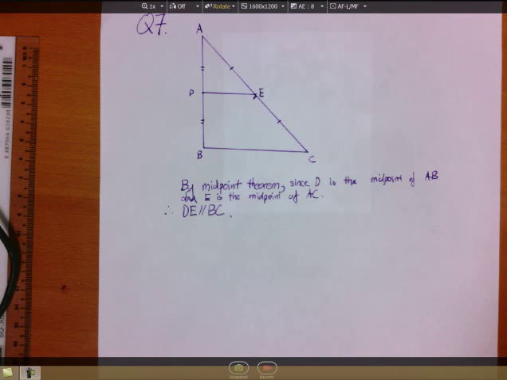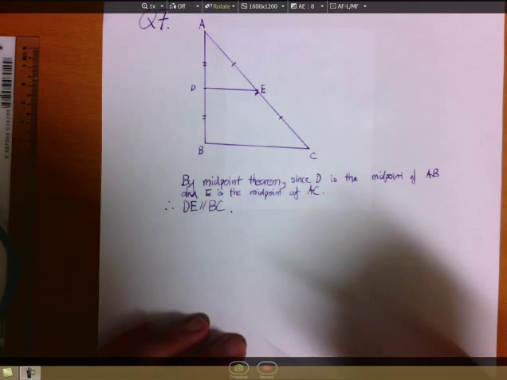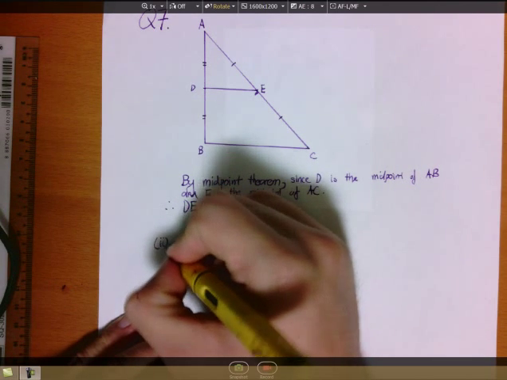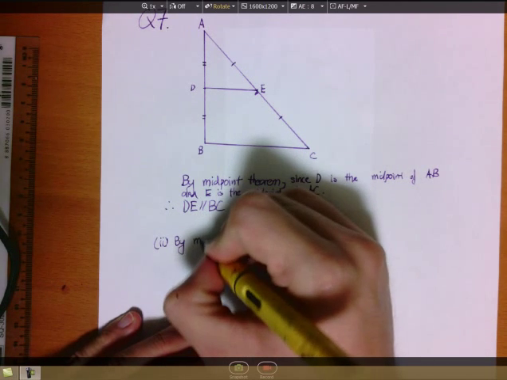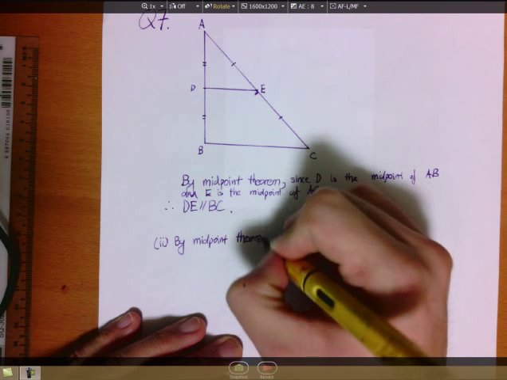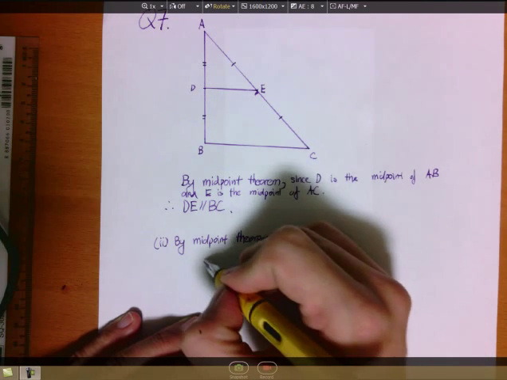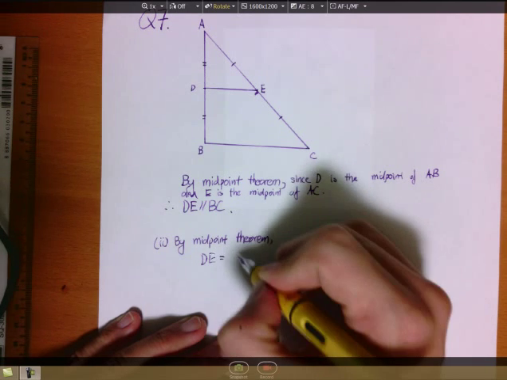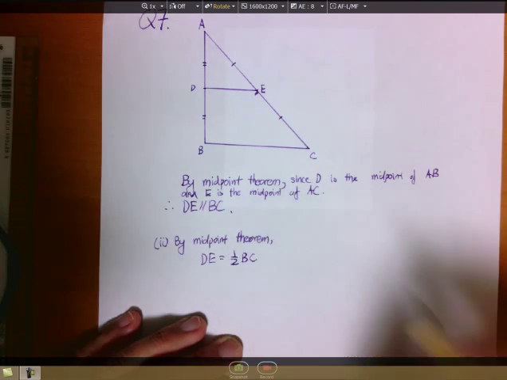The next one, they state if BC equals 2x, explain why DE equals x. So now I just say that by midpoint theorem, I know that DE is equal to half of BC.